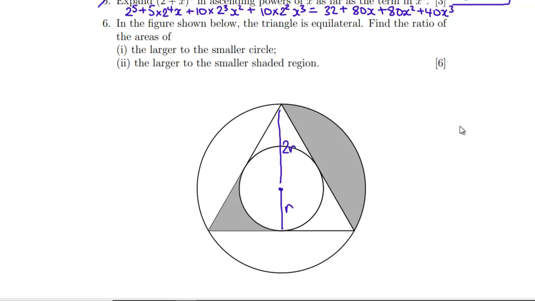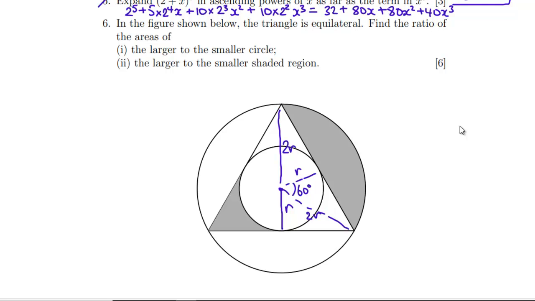You can show that quite easily by splitting it into 6. If you split the circle in the triangle into 6 bits, so each one of these has got 60 degrees here, you've got a radius of r, so we can work out that must be 2r because 2r cos 60 is r. So we can see that dropping out from that construction. We've been through that loads of times in geometry videos.